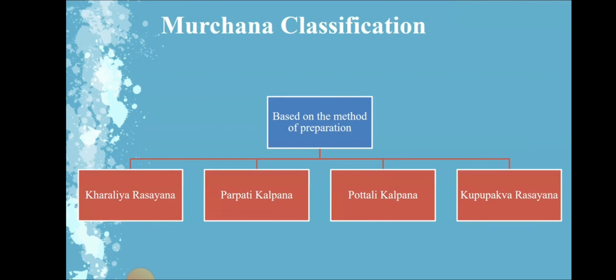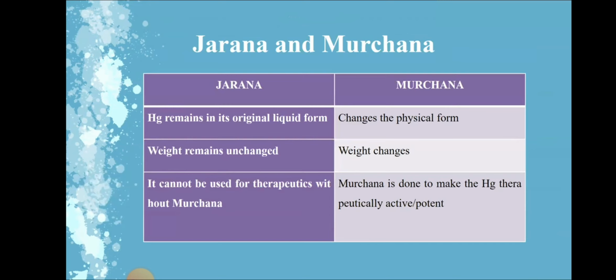What is the difference between Jarana and Murchana? In Jarana, mercury remains in its original liquid form even after the process. In Murchana, it changes its physical form and is converted into Bhasma, Sindura, Gutika, or Parpati, in any form.